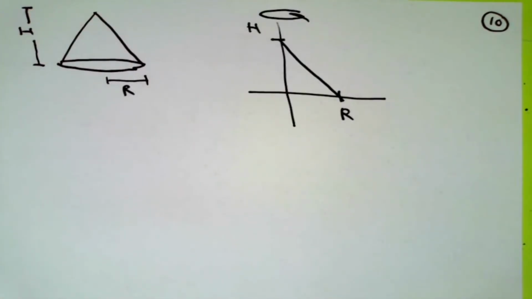I'm going to think about generating this cone by looking at the straight line in the xy plane that has y-intercept h and x-intercept r, and revolving that about the y-axis.